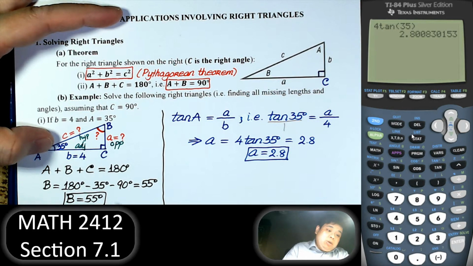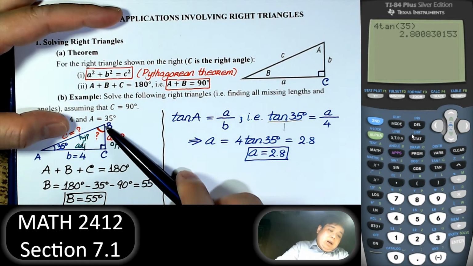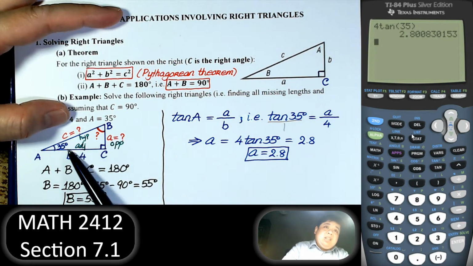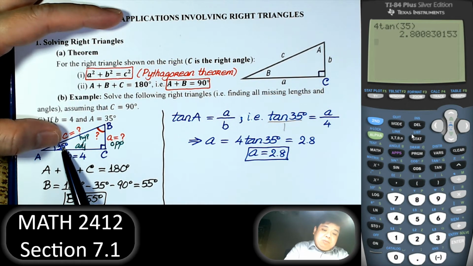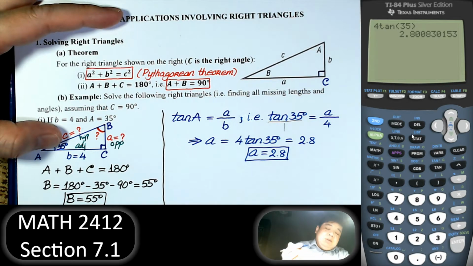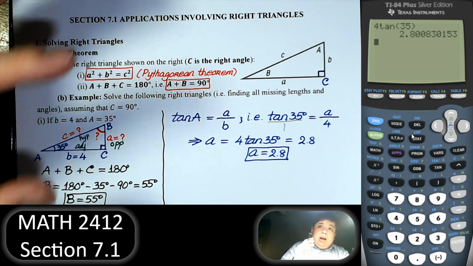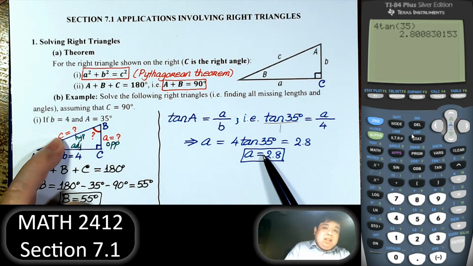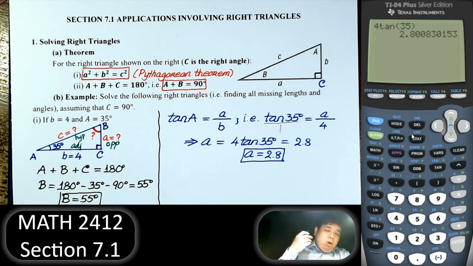The other way to do it is to use trigonometry. But notice that we don't want to use a to calculate c. We're trying to use all the given information to solve for it.